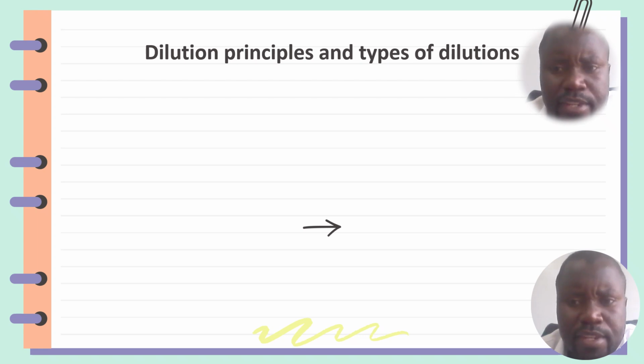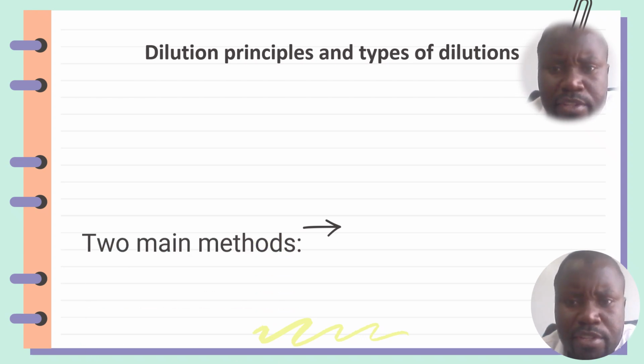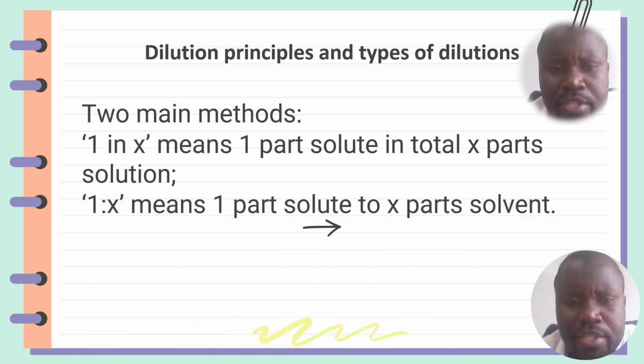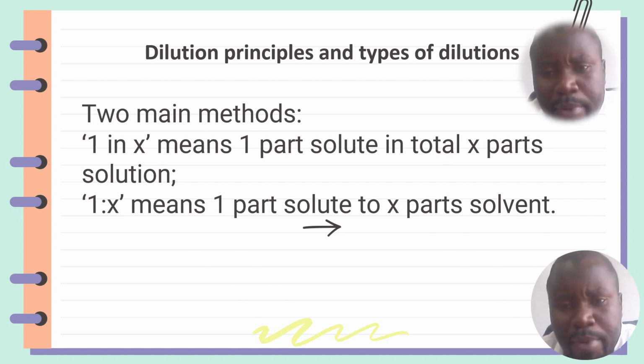In terms of strengths and calculations for medication presentation, we also need to understand dilution principles and the types of dilutions. When you receive a prescription, you may find it talking about a particular substance in a certain amount. Pay attention: the first is where you have a particular amount of substance in the final product.